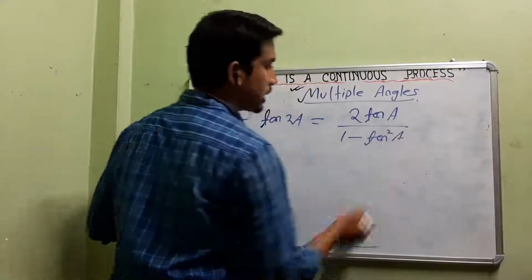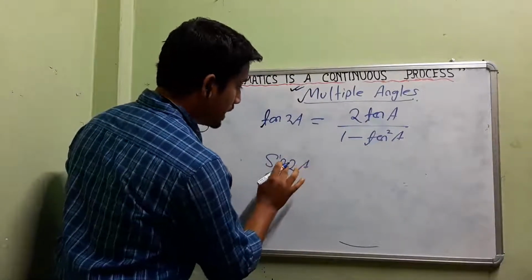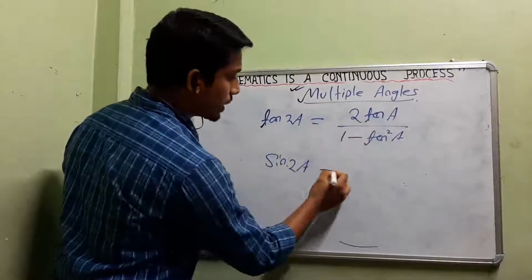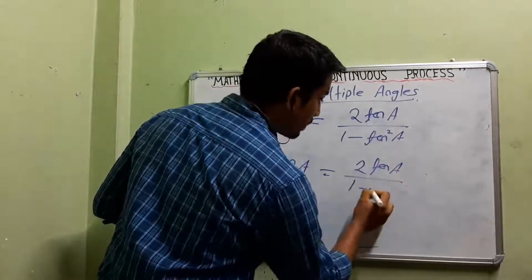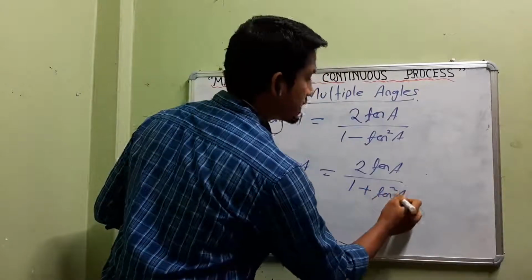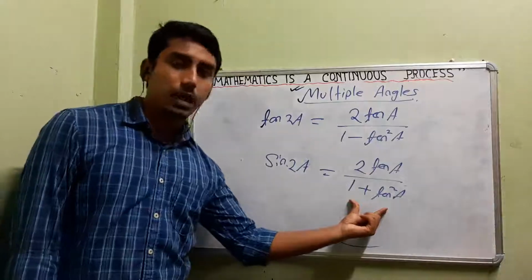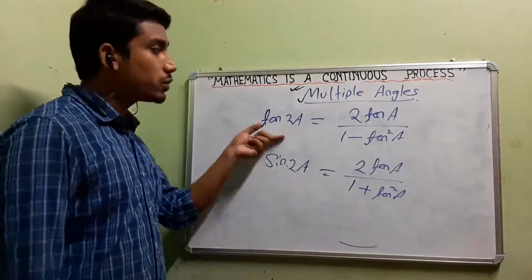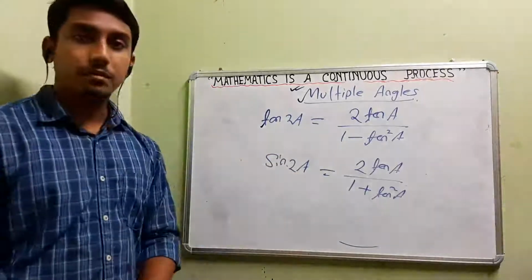Don't get confused. In case of sin 2A, there is also one formula with this kind of format: 2 tan A divided by 1 plus tan square A. Remember, this is a small change. In case of sin 2A, it is 2 tan A divided by 1 plus tan square A, but in case of tan 2A, it is 2 tan A divided by 1 minus tan square A. That is a huge difference.